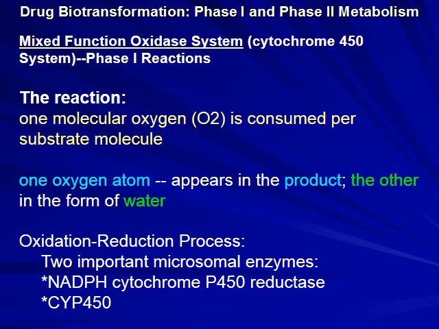This coenzyme, NADPH cytochrome P450 reductase, is going to donate electrons to this enzyme. NADPH is a 2 electron donor. Remember from biochem? FADH2, 1 electron donor. FMN, 1 electron donor. Here, 2 electron donor.